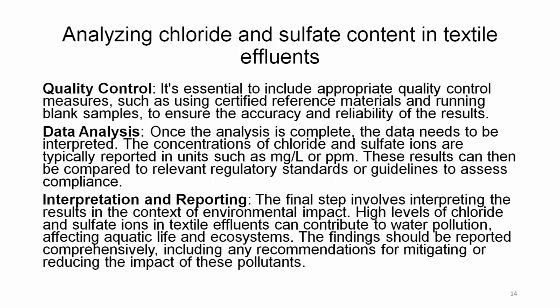It is essential to include appropriate quality control measures such as using certified reference material and running blank samples to ensure the accuracy and reliability of these results. Time and again I have been emphasizing that the machines need to be calibrated periodically.